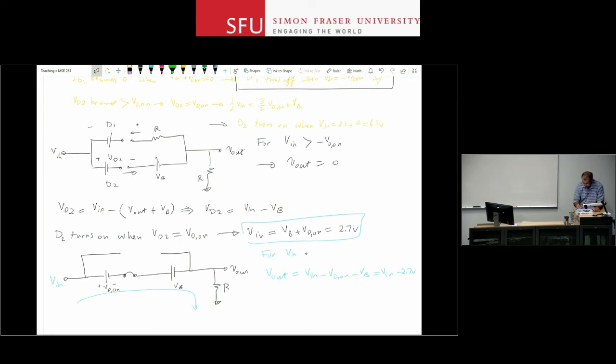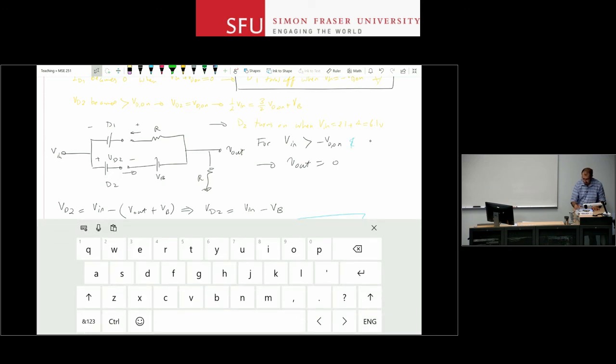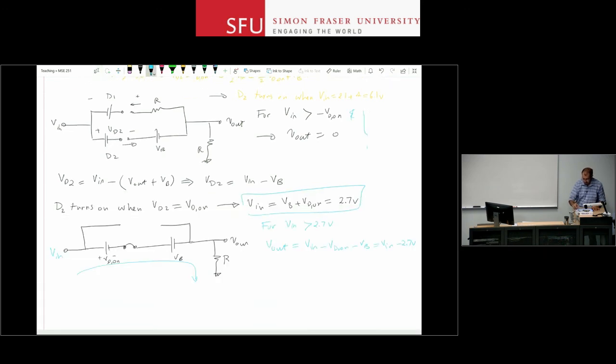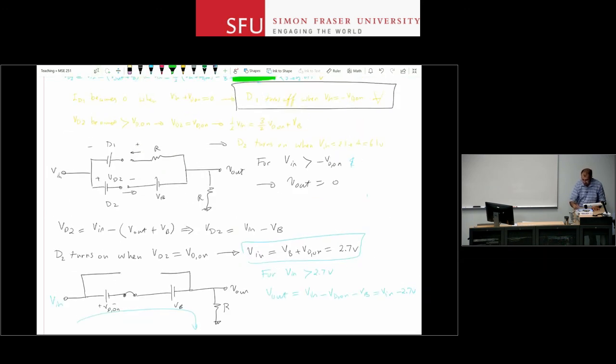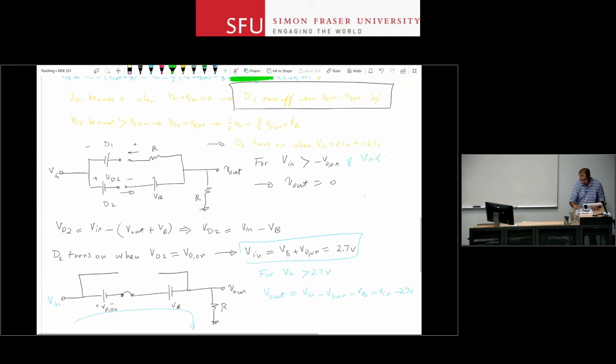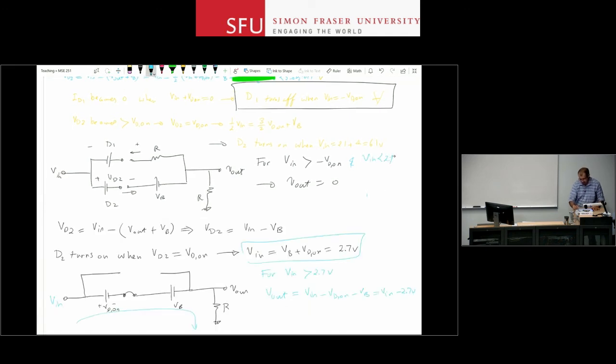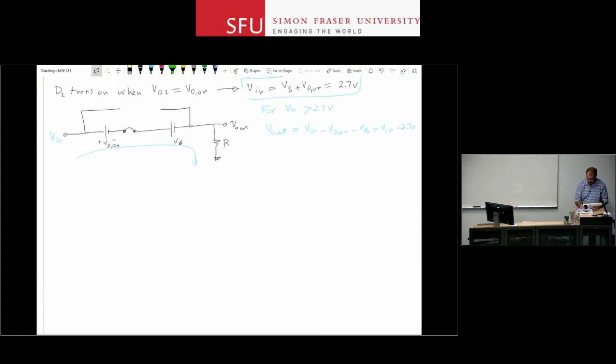So for V in larger than 2.7 volts, this is what we have. So the range here is going to be V in larger than 2.7, and for anything larger, that's going to be the input-output relationship.